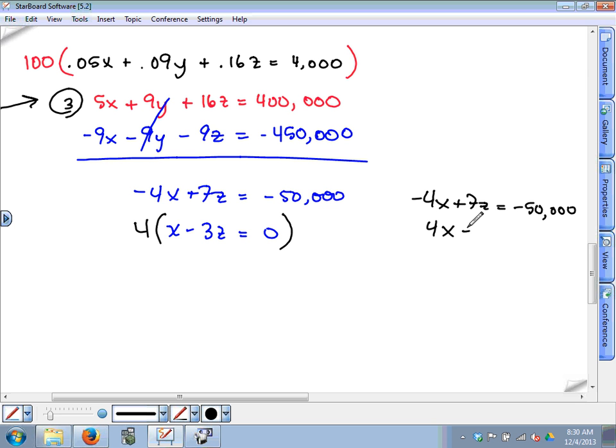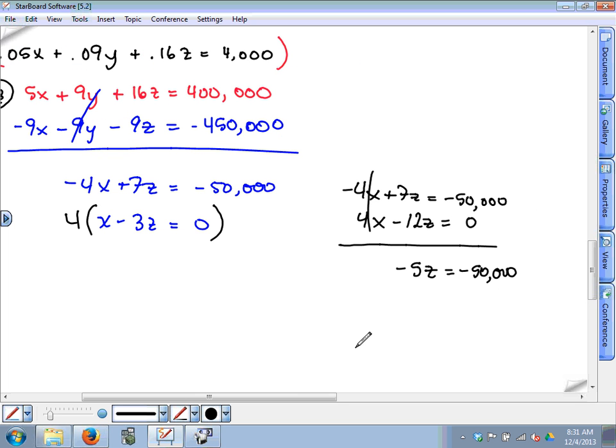And 4x minus 12z equals 0. X is gone. We have negative 5z equals negative 50,000. Ooh, this divides nicely. Yeah, we picked good numbers.